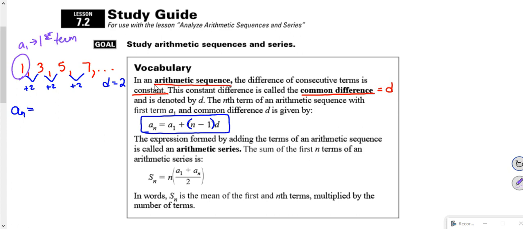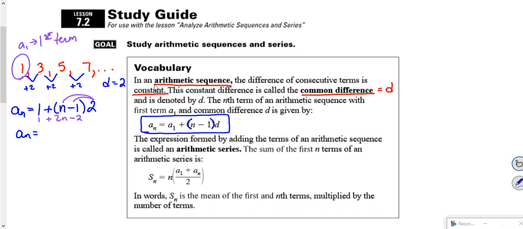That's what a sub 1 means, the first term. So a sub n equals 1 plus n minus 1 times d. My d for the sequence right above there is 2. That's what we'd already found. So then, if I distribute the 2, I'm going to have 2n minus 2, and then plus 1.